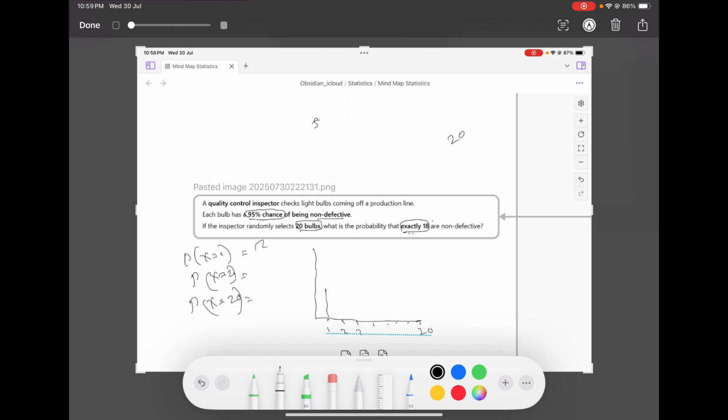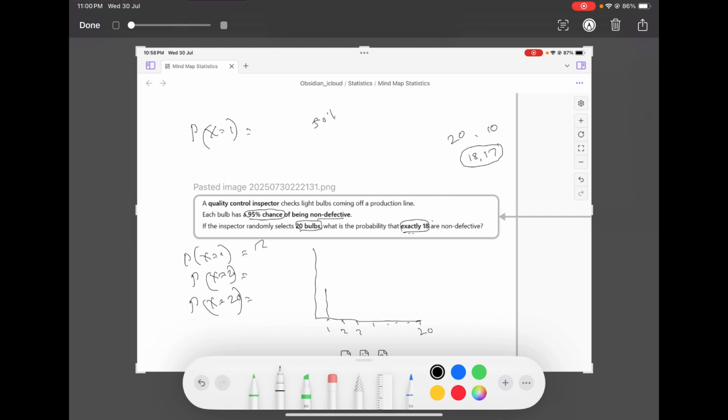If it were a 50% chance of being defective, then when you take 20, 10 may be defective and 10 non-defective. But since it is 95%, when you take 20, around 18, 17, etc. will be non-defective. To calculate that, you need a formula for P of x equal to 1.